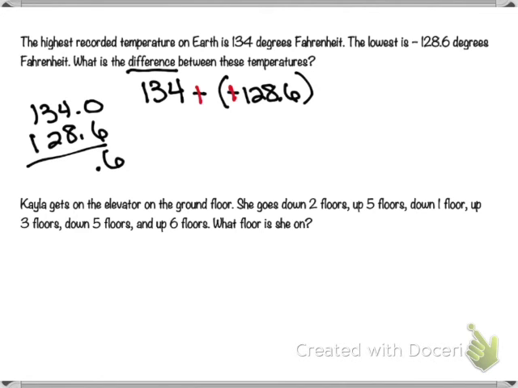4 plus 8 is 12. And 3 plus 2 plus the carried 1 is 6. And then 1 and 1 is 2. So I've got 262.6 degrees Fahrenheit.